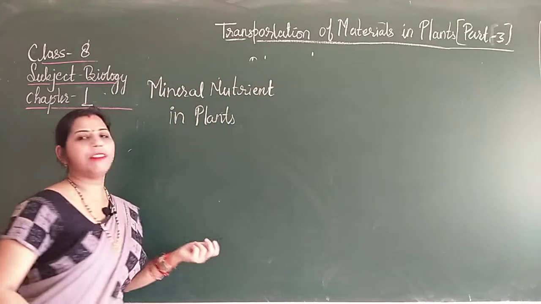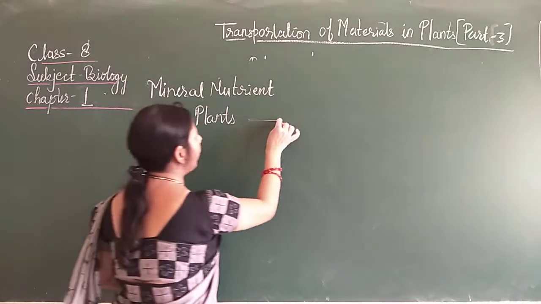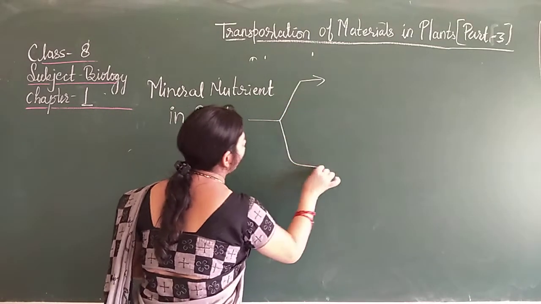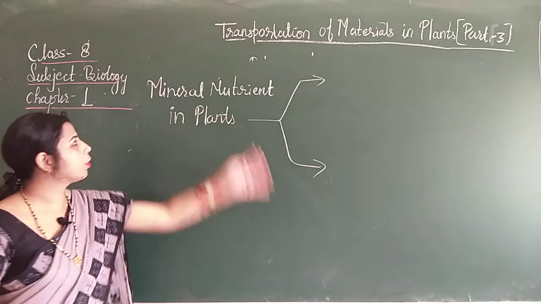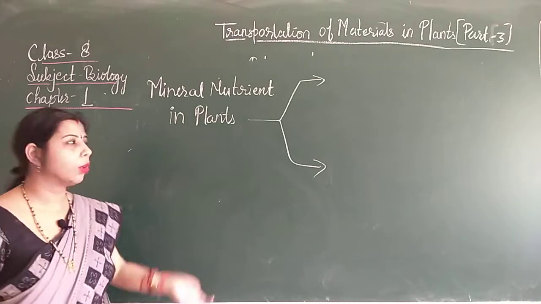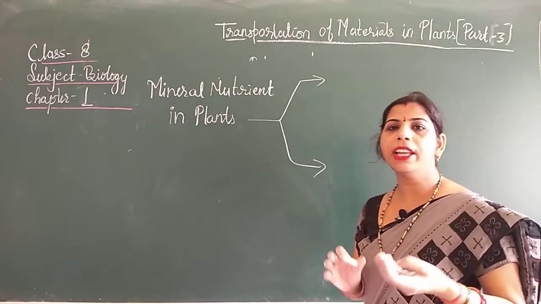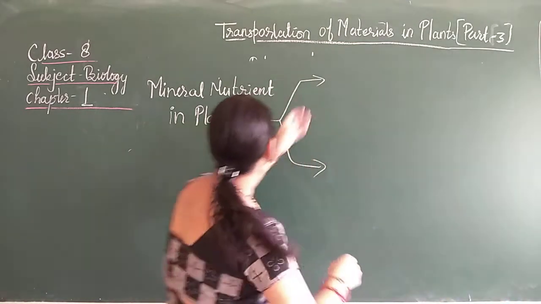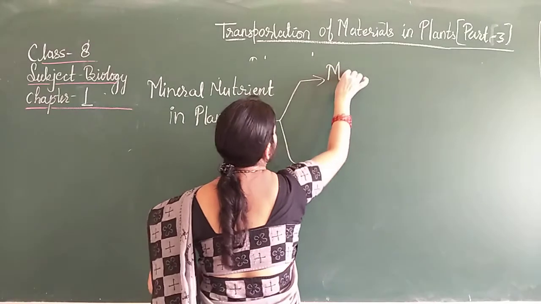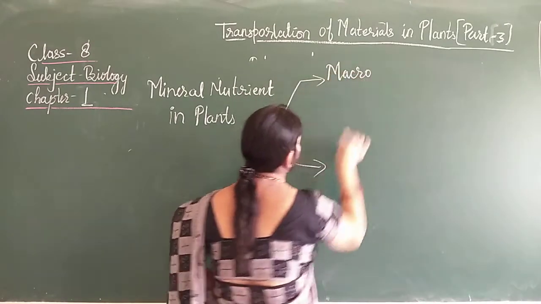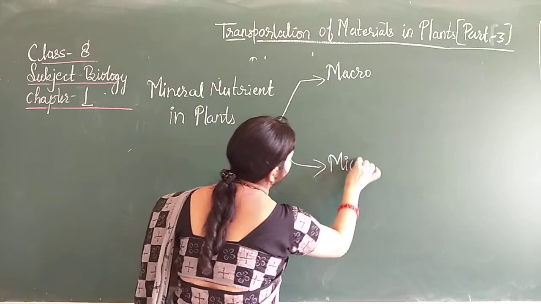As our body requires minerals for proper growth, in the same way a plant body also requires minerals for growth. Some minerals are required in huge amounts and some are required in less amounts. As per that, they are of two types, the macronutrient and the micronutrient.